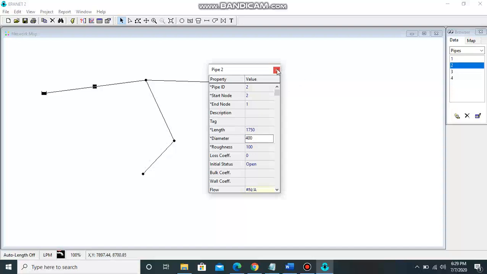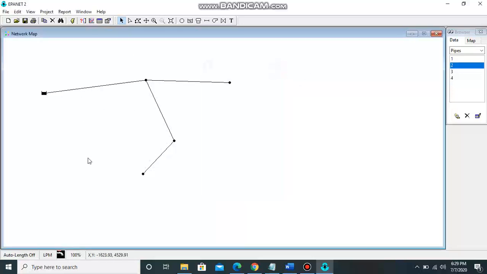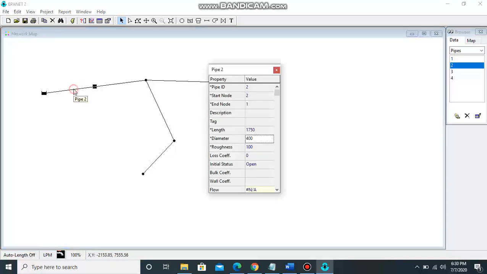For simplicity, if there are more pipes, junctions, or reservoirs, you can use Swim or AutoCAD, then import into EPANET, then turn auto length on to provide the actual length based on the area.